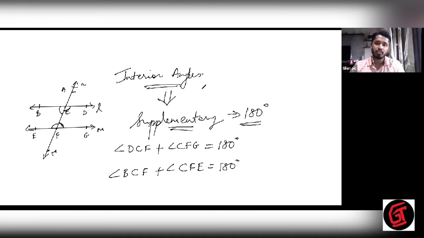Okay, now I'm going to put a diagram in front of you, and I'm going to ask randomly a question. I want you to tell me which are the alternate angles here, which are the corresponding, and which are the interior angles here.